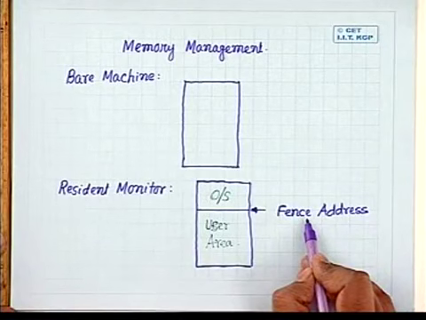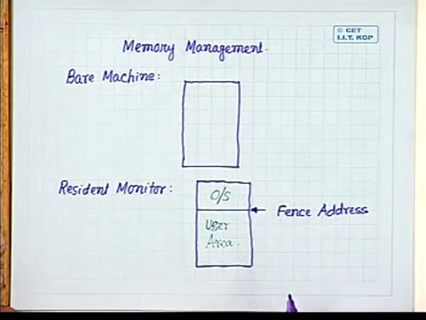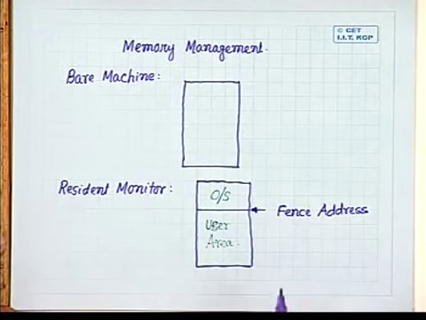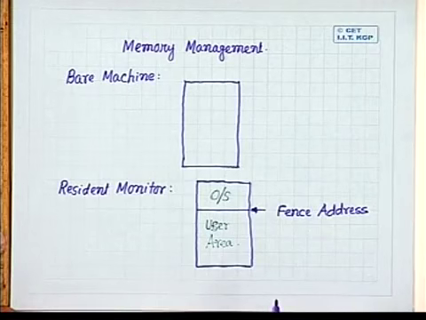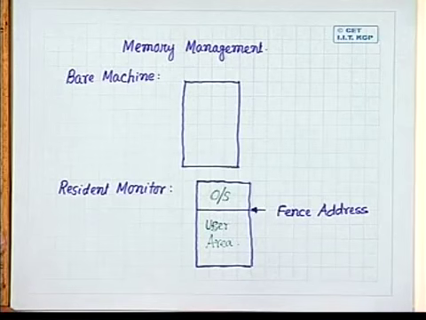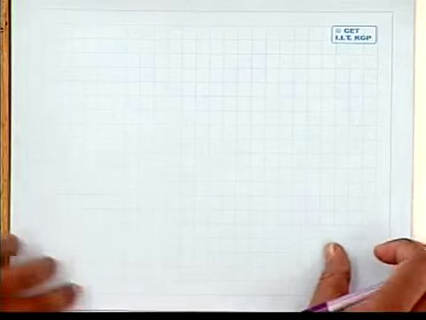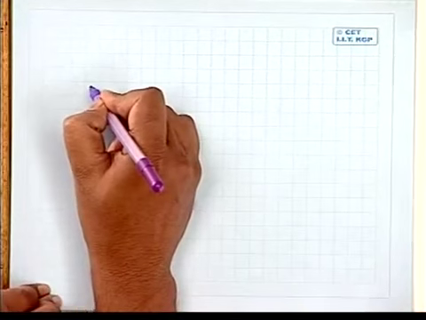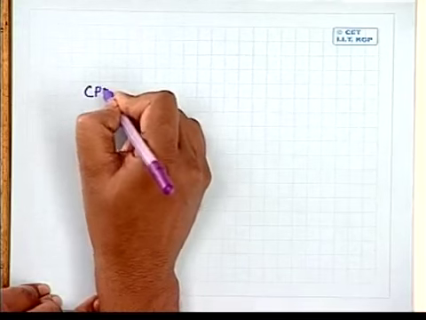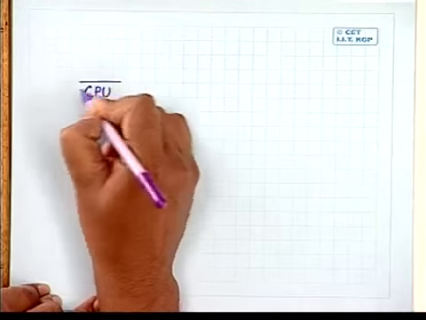I can write a small program so that whenever the user program tries to access the memory, a part of the software compares this address with the fence address. But in that case, the process will be very slow because the comparison has to be made by the software. The other option is to go for a hardware comparator. So simply I can have a scheme like this. The CPU generates an address.